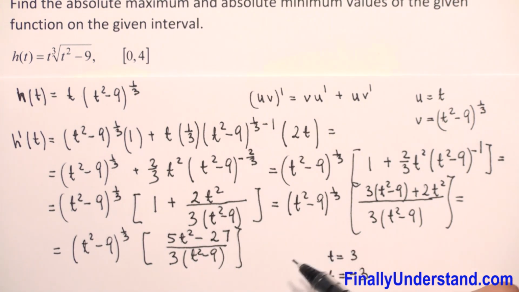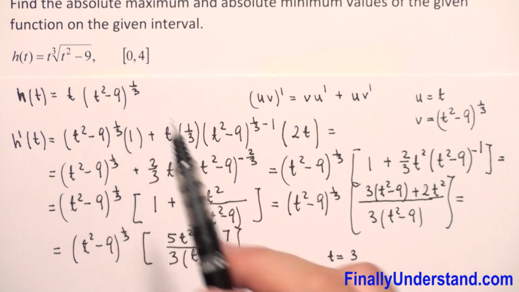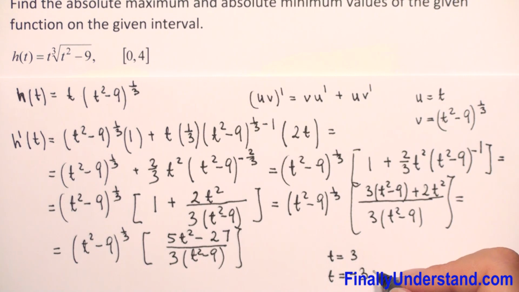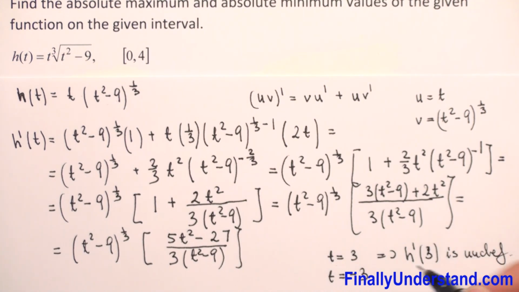But we see that negative 3 doesn't belong to the domain of our function, so we have to only consider t equals 3. Because for t equals 3, our h prime of 3 is undefined. It means it doesn't exist, so t equals 3 is our first critical value.